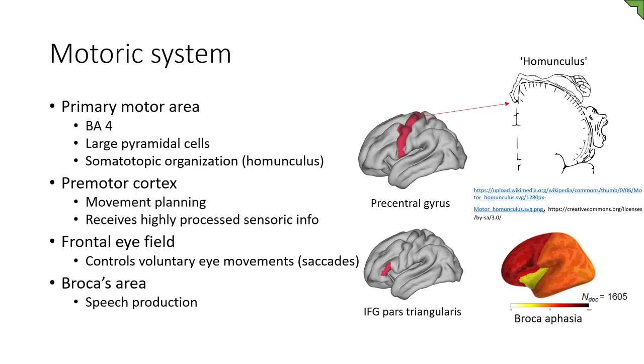But as the movements that humans do are more complex than just activating one muscle, we need also some more motor areas, and this is the premotor cortex, which is involved in movement planning. We also see, for example, in fMRI studies, activations of the premotor cortex and also the supplementary motor cortex, which is even a bit more anterior, when you are planning a movement.